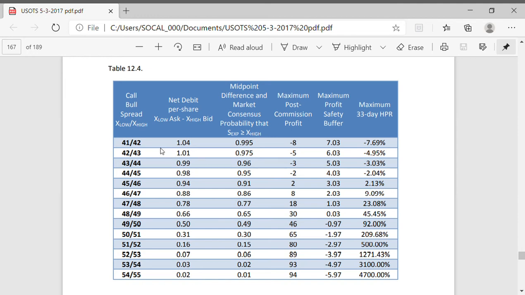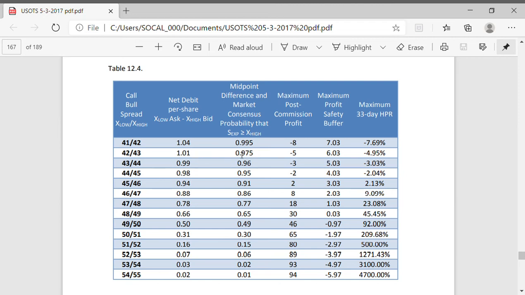Since this can be worth at most $100 at option expiration, which on a per share basis is $1, paying 99.5 cents indicates that it's highly likely stock price at option expiration will be 42 or higher. So paying 99.5 cents is fair. But note we'd have to pay $1.04 with just buying at the ask for the lower strike and writing at the bid for the higher strike.